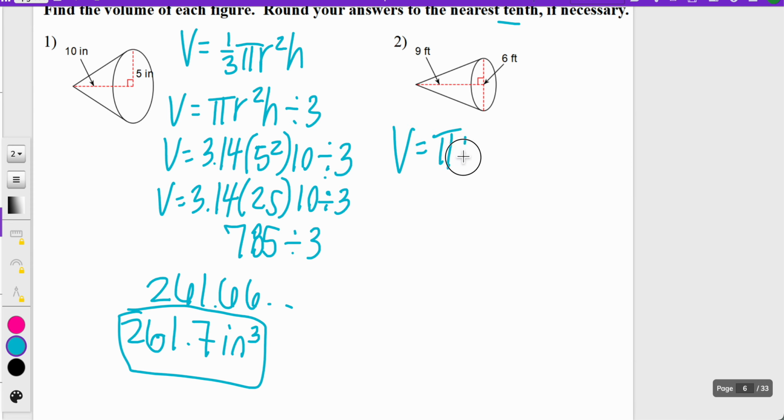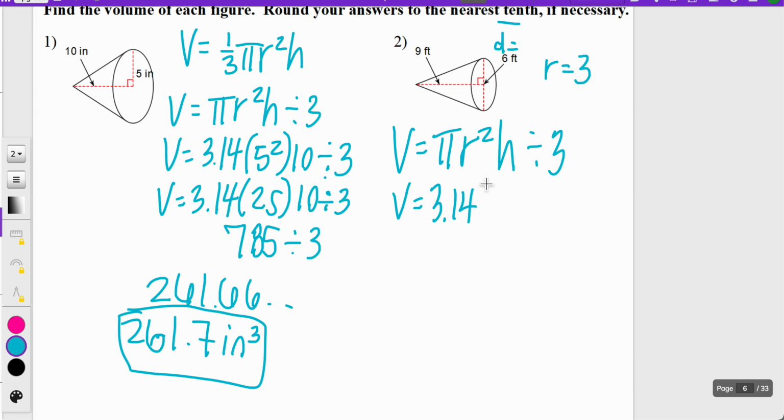Okay? Number 2, let's solve it the same way. Again, I'll start with pi times radius squared times height, but then find my answer and divide that by 3. Notice that 6 is the diameter, so my radius I need to use is a 3. So I can do 3.14 for pi, radius squared is 3 squared, and then my height is 9, and then divide all that by 3.